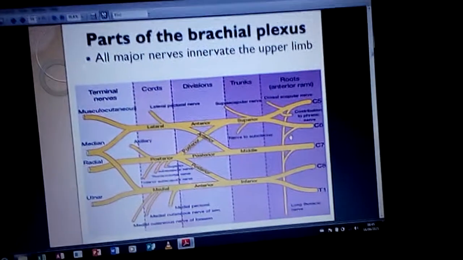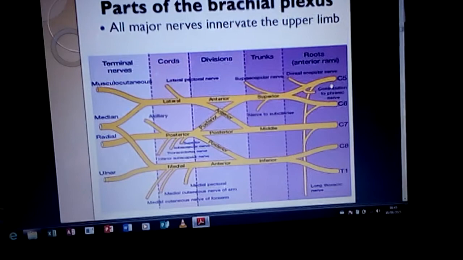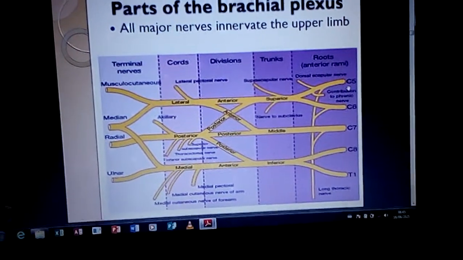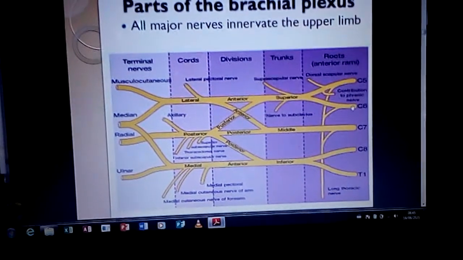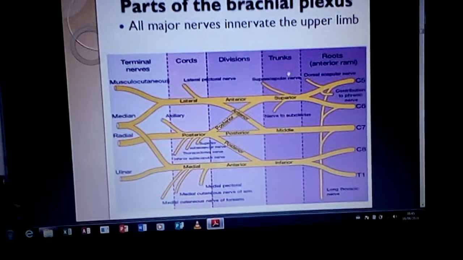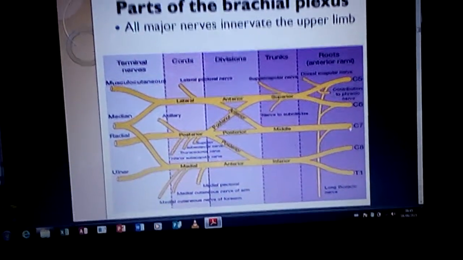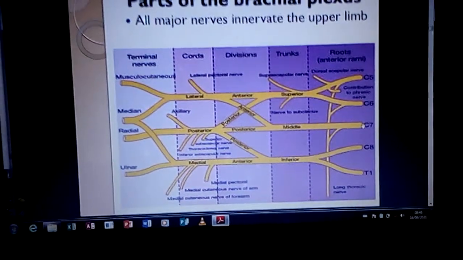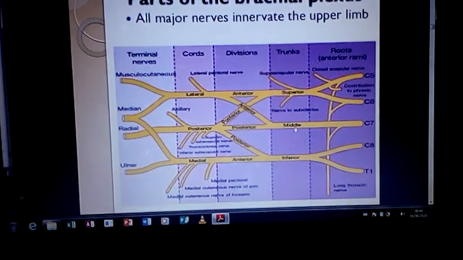So the roots. The C5 and the C6 roots will converge to form the superior trunk. Then we've got the C7 root. This C7 won't meet with any roots, but it will continue to form the middle trunk.